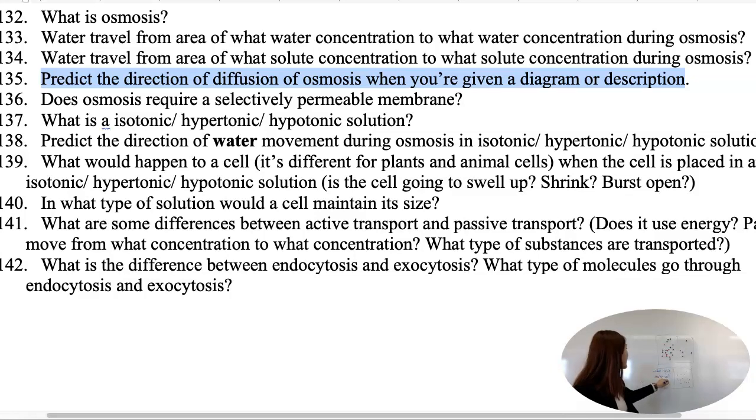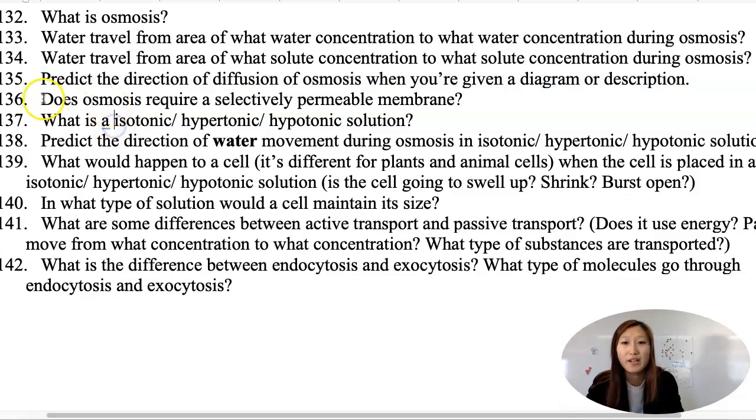So in comparison, the other side will be high solute and low water. And you know water travels from an area of high water to low water, so water will move this way. Or it's the same idea as talking about water going from low solute to high solute, so water will still move that way, right?